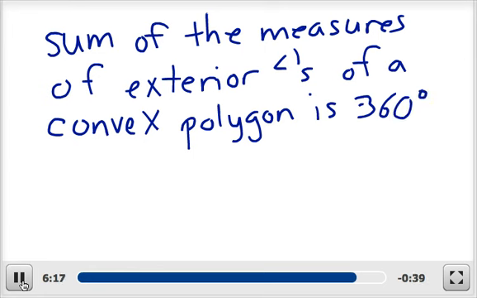The nice thing about this is that it doesn't apply to just one type. Any number of sided gon, any polygon, it's going to be 360 degrees when you add those all up.